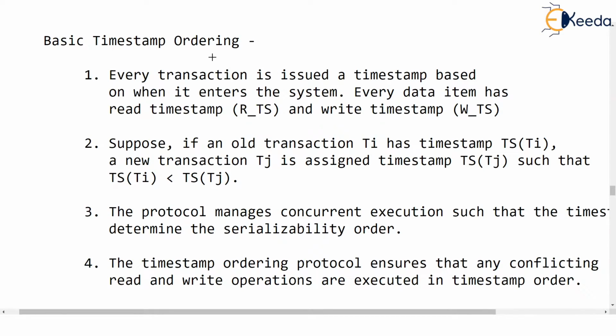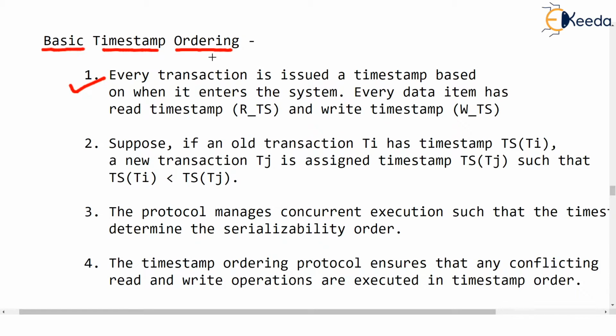In the previous video, we were learning about the basic timestamp ordering protocol and we learned a few points. Every transaction has a timestamp, and you remember an older transaction always has a smaller timestamp and a younger transaction has a larger timestamp.